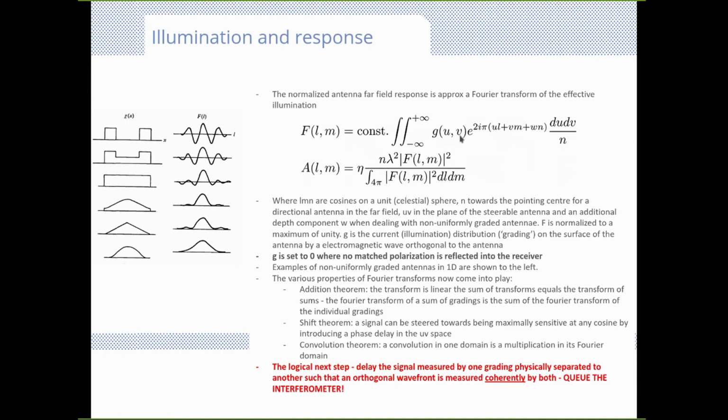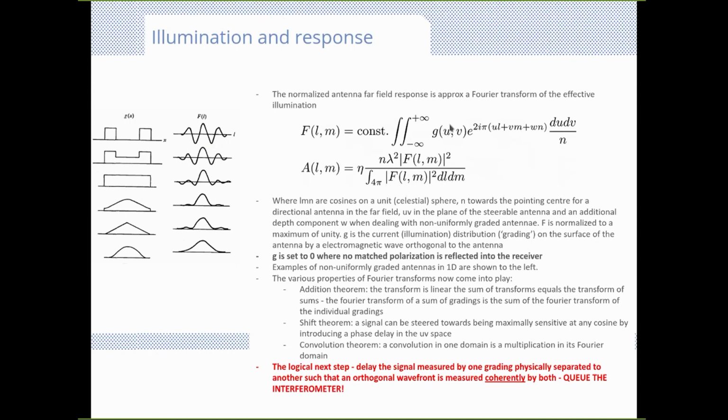Remember that UV coordinates lie in the plane of that aperture, where we say the aperture has very little depth to it, it's roughly a plane, right? So UV is in the plane of that aperture. The grating is the current distribution along that aperture, and that is related to the far field response of that aperture on the direction cosines of the sky sphere.